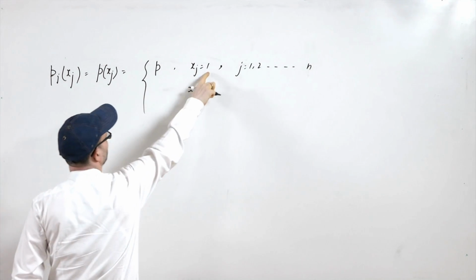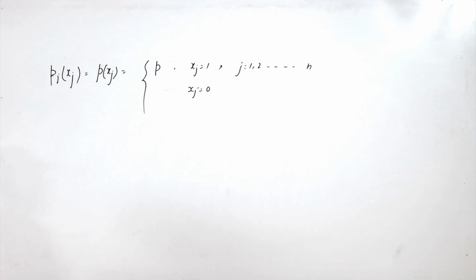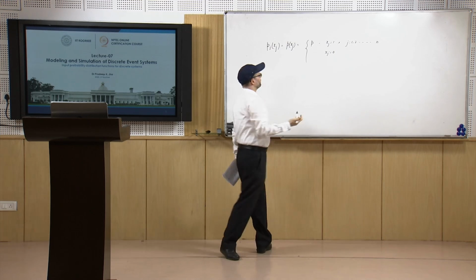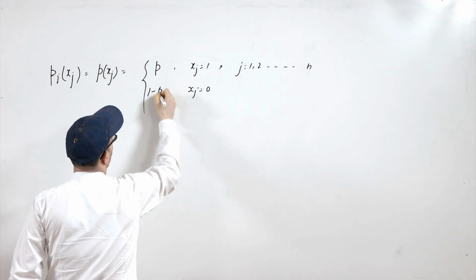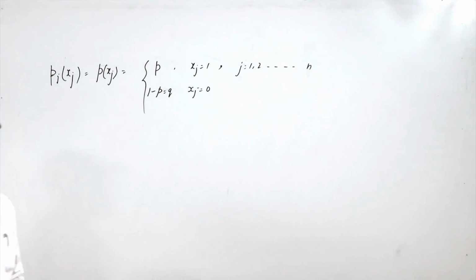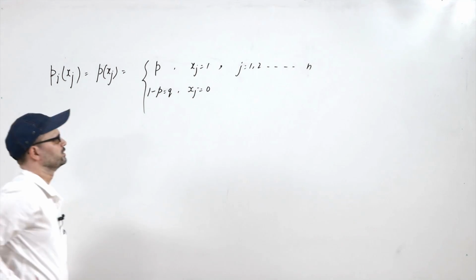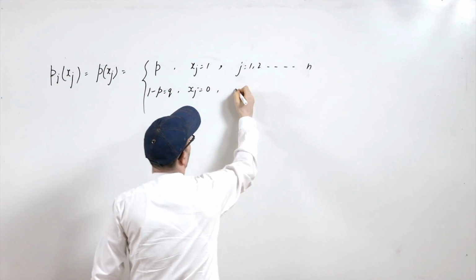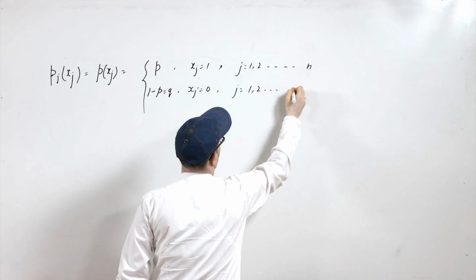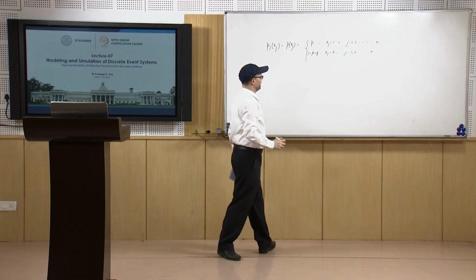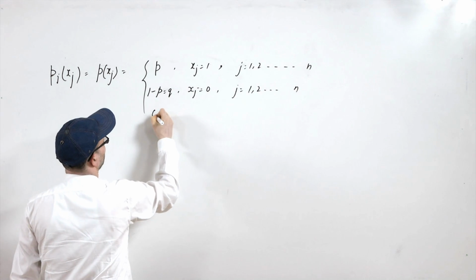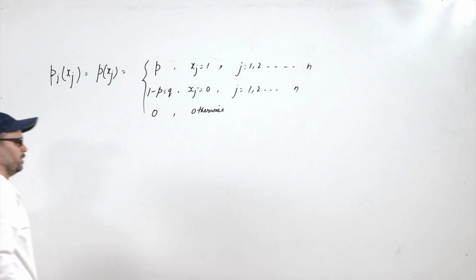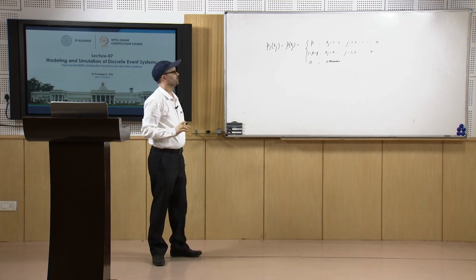If the probability of success is p, then the only other outcome has probability 1 minus p, that is q. So, when x_j is 0, this is the probability of having 0 as the outcome, again for j from 1 to n, and the probability of any other value is 0. So, this is the Bernoulli distribution.